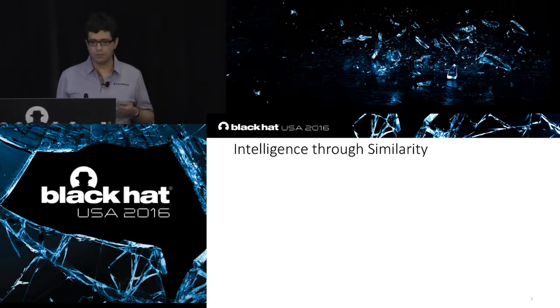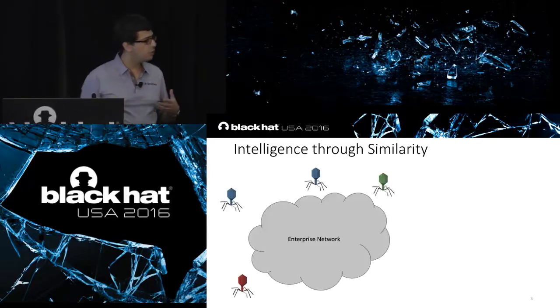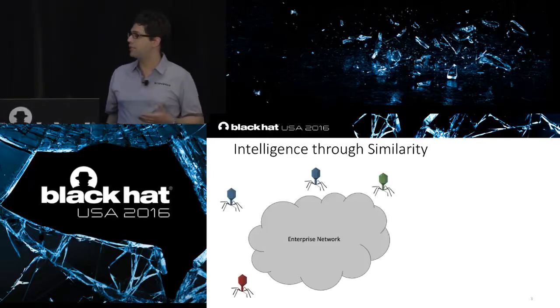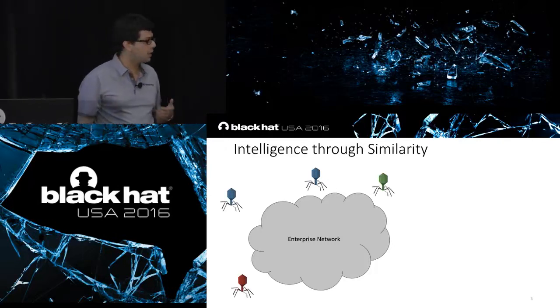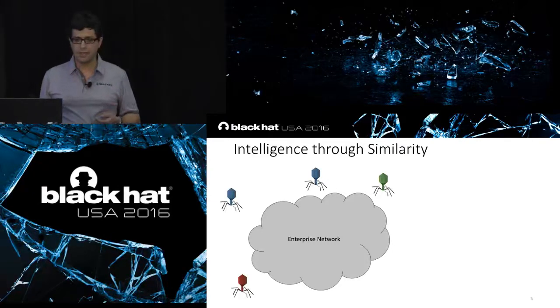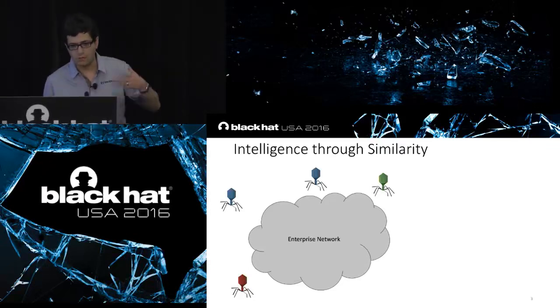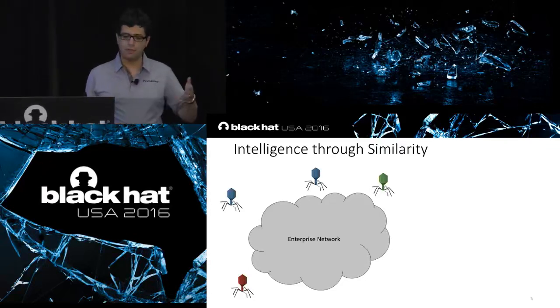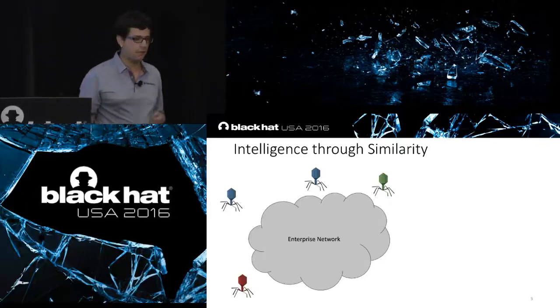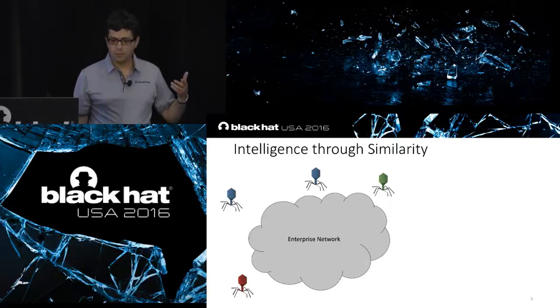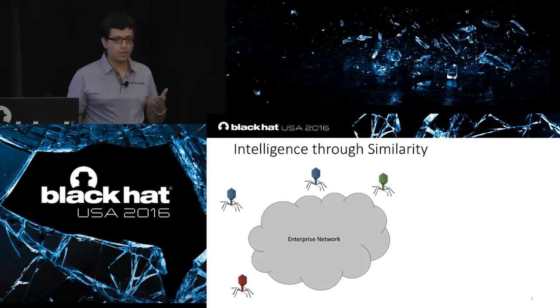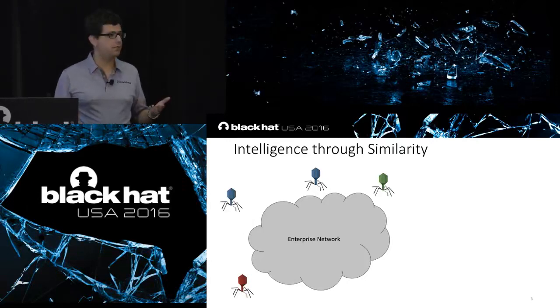Let me give you a basic example. Imagine you have an enterprise network, and this enterprise network is constantly being attacked. You have this malware sample. I don't know if you can see the colors, but you have this blue sample. So you have malware blue attacking, malware green attacking, malware red attacking. The question you might ask is, is there any pattern to these attacks?